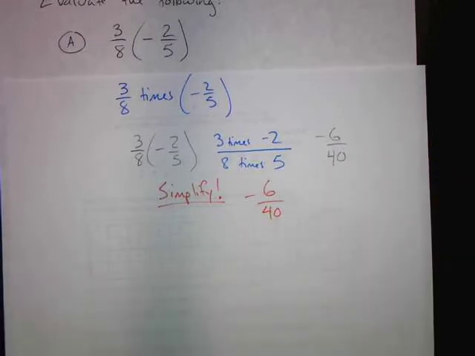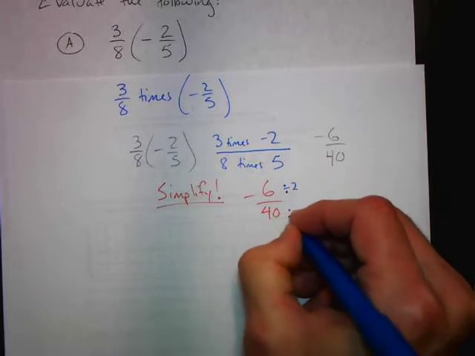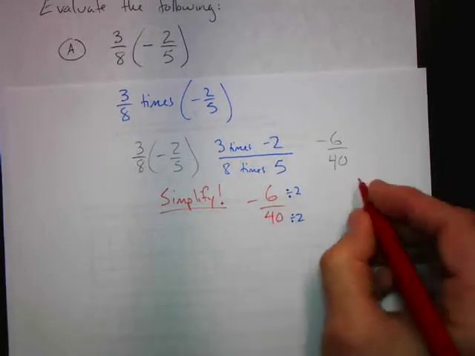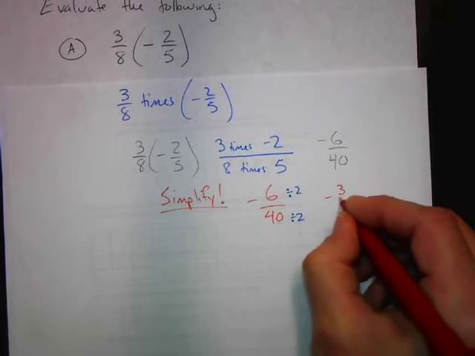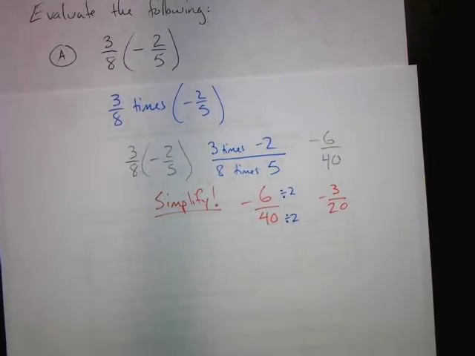And of course the answer is yes. They're both even numbers, so both can be divided by 2. And we always simplify our fractions. Okay, so in Algebra 2, we have to get comfortable with simplifying fractions. So we have actually -3 in the numerator and 20 in the denominator, and that is how we can simplify fractions.